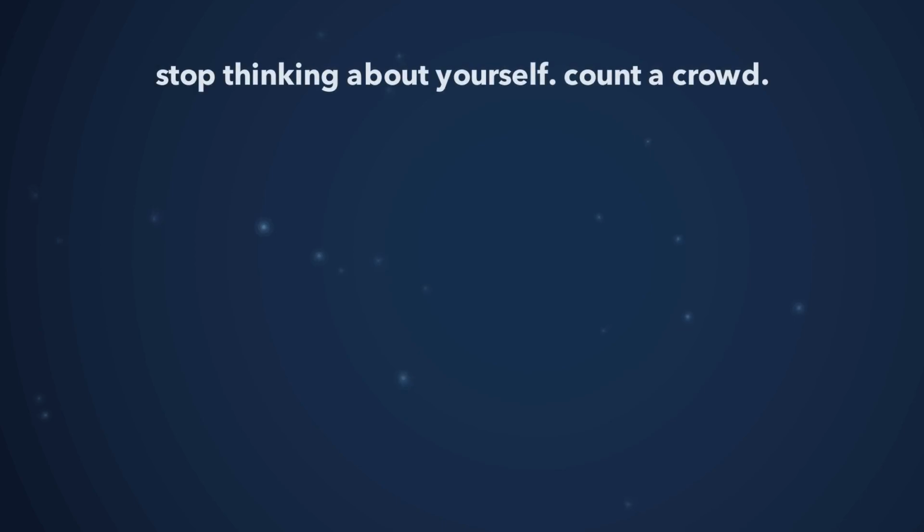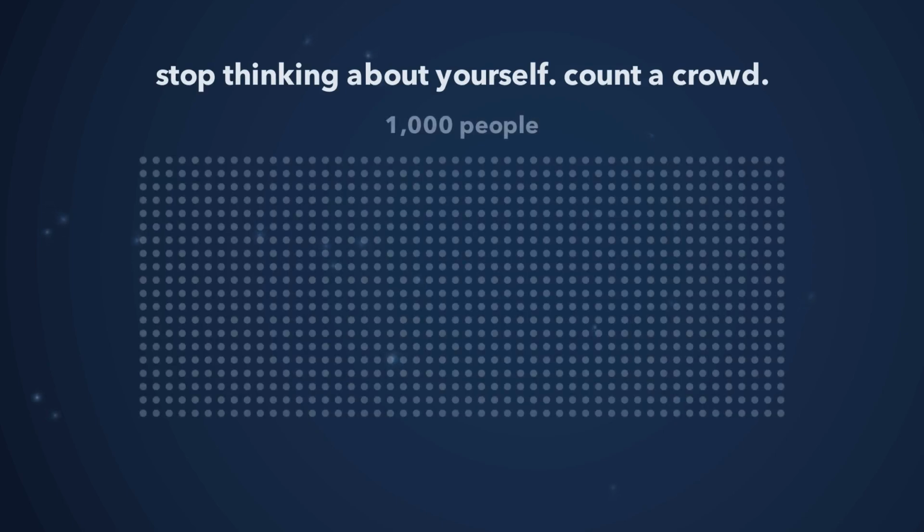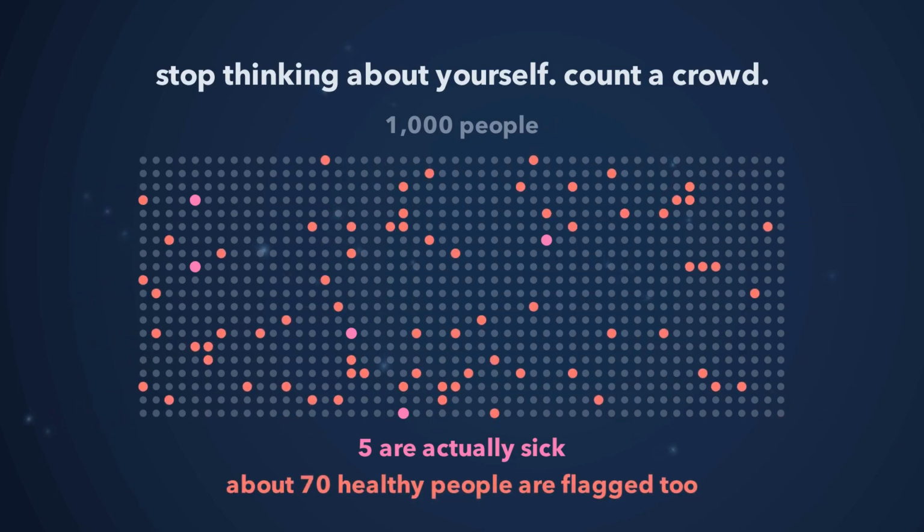So stop reasoning about yourself and reason about a crowd. Take 1,000 people and line up 1,000 of them for the test. 5 of them are sick, and the test catches every one because it never misses. That leaves 995 healthy people, and it flags 7% of 995 of them anyway.